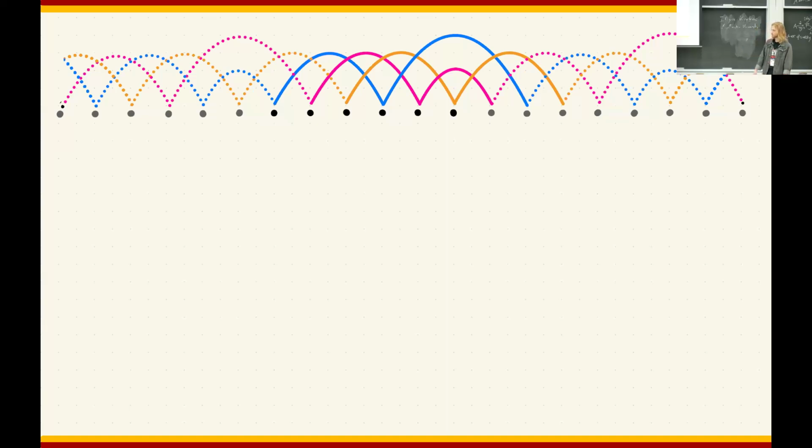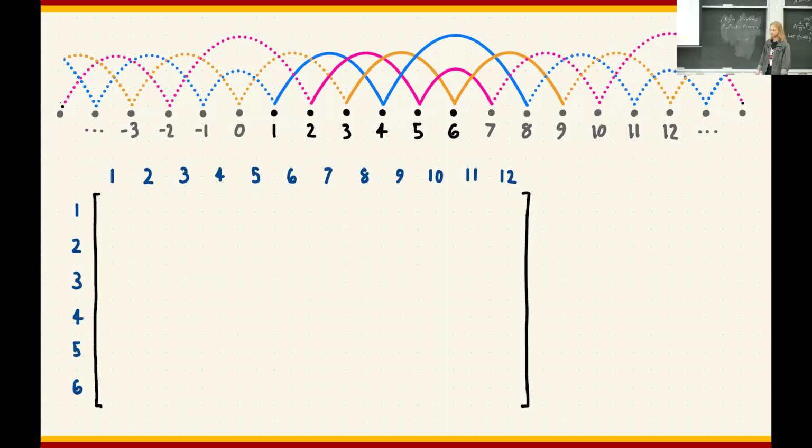Okay, so with a regular permutation, an element of Sn, we often like to associate to it a matrix. And we're going to do the same thing here. So let's draw a matrix for ourselves. First, we're going to label each of our dots. And then in order to get the size of our matrix, the number of rows is the period of the juggling pattern, and the number of columns is twice the period of the juggling pattern.